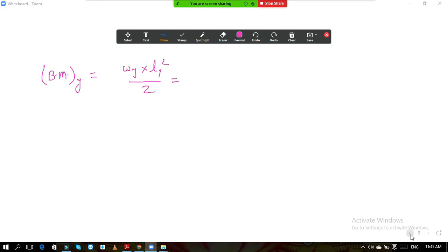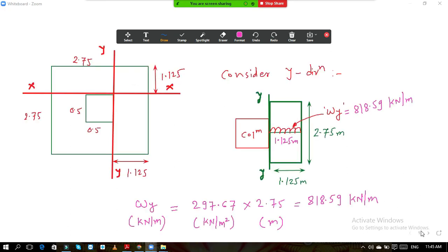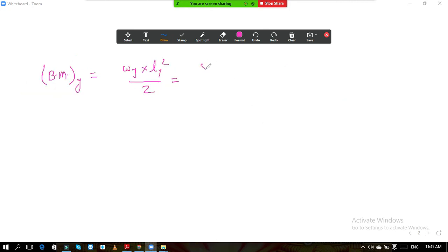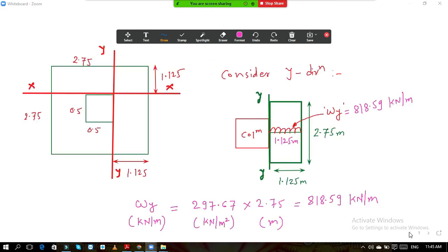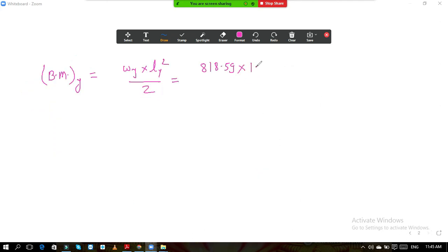So here I will write this intensity 818.59 into the length on which it is acting, 1.125 square, divided by 2.